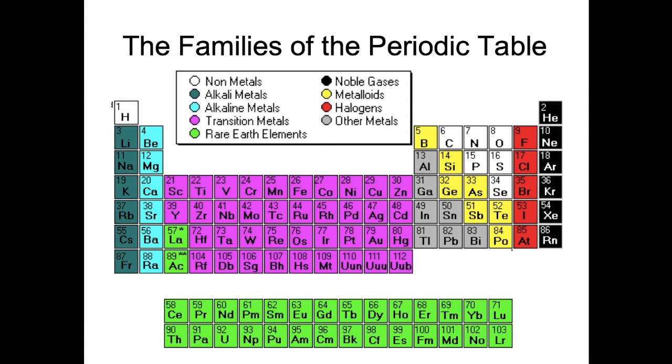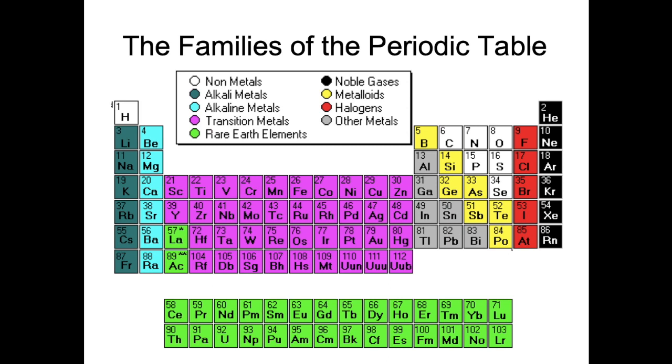In last chapter, we talked a lot about how an element's row number, or an element's period, that's what we call the rows on the periodic table, corresponded to the highest energy level occupied by an element's electrons. In this chapter, we're going to talk a lot about the significance of the column number.